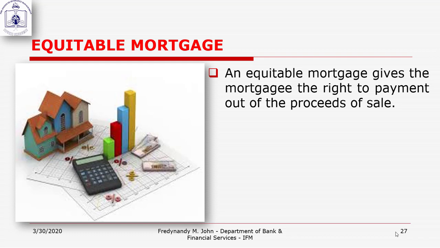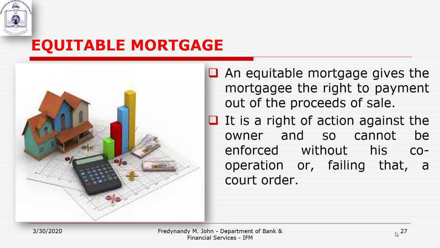So we have to understand that an equitable mortgage will give the banker the right of sale, but this right of sale can happen only if the borrower consents. If the borrower does not consent, and decides to go to court, he can prevent the lender, that is the bank, from realizing his funds from the sale of that particular asset.